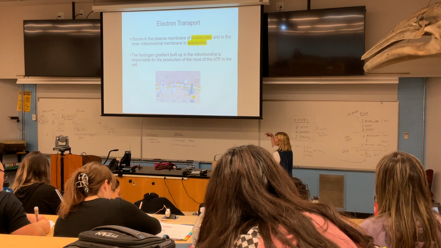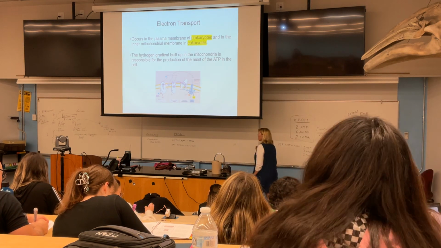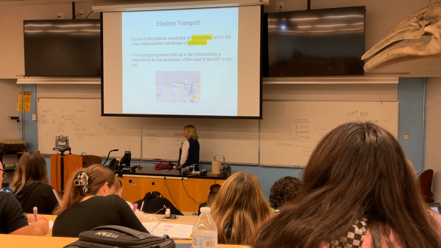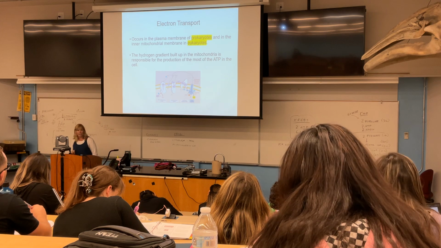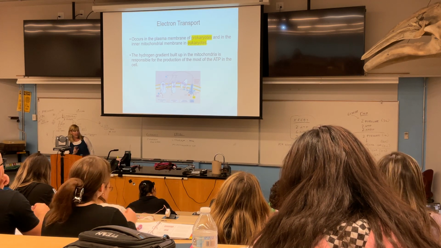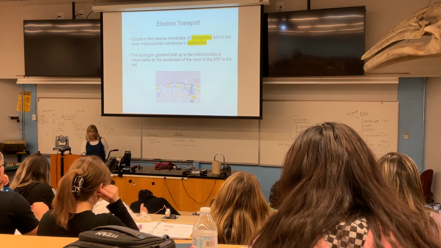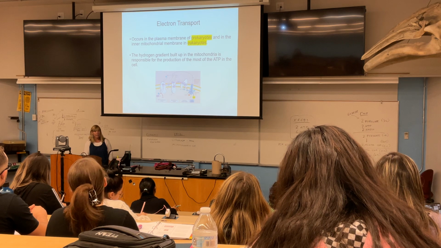It's going to happen for us in the mitochondria, in an inner membrane. So we just need to have a membrane to push hydrogens to one side and to build up a gradient. Okay. So my electrons are getting passed, my hydrogens are on the opposite side, and I'm building up the process to get ready to make a lot of ATP.